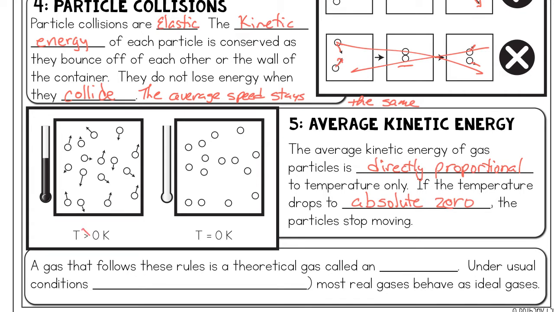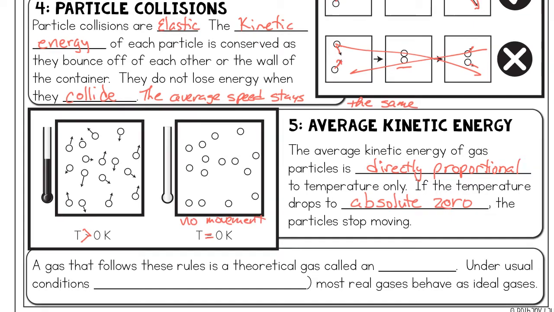So any temperature that's greater than 0 degrees Kelvin, we're going to have particle movement. A temperature equal to 0 degrees Kelvin is going to have no movement at all. And we talked in class about how this has not yet been achieved.